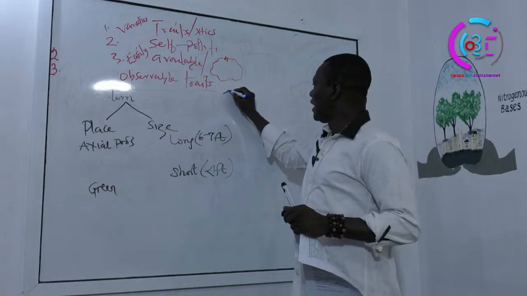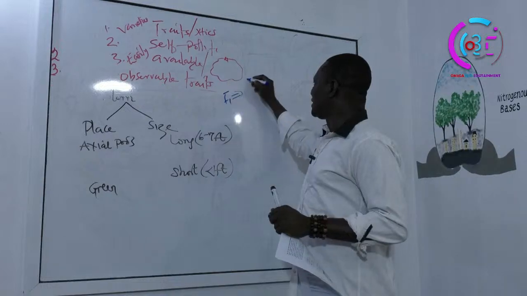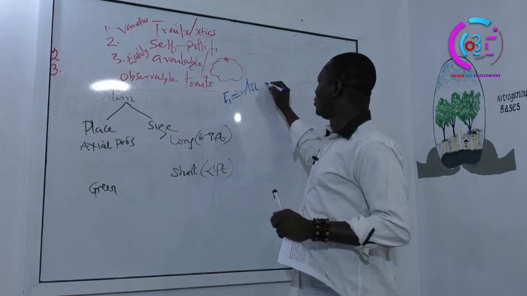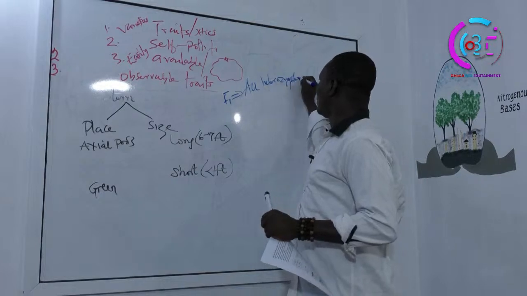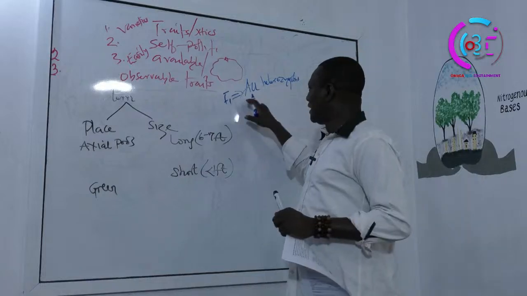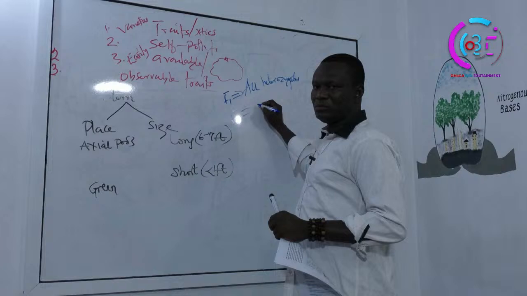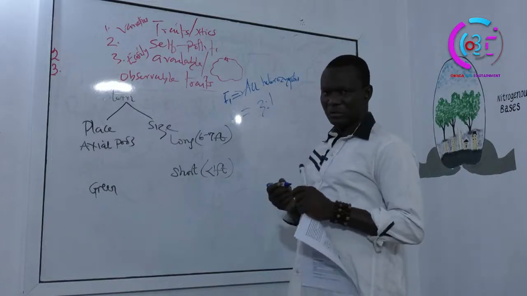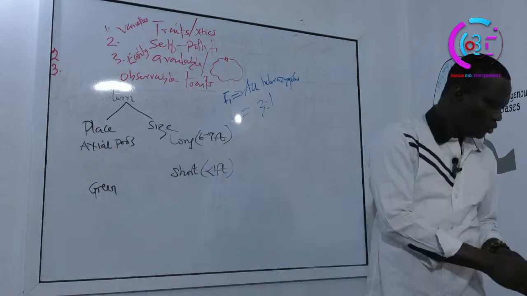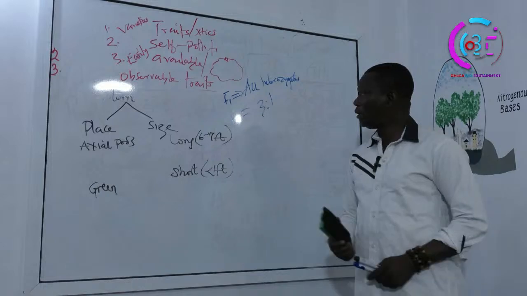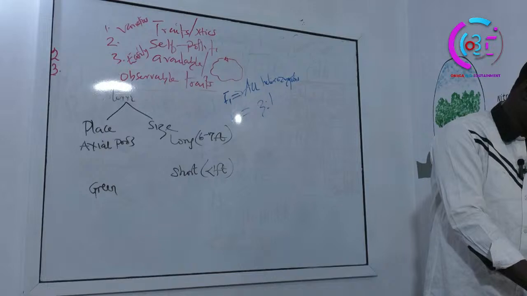So the F1 generation of all Mendelian plants will be all heterozygous. Then the F2, we are going to come with 3:1, and that is the first law of Gregor Mendel.